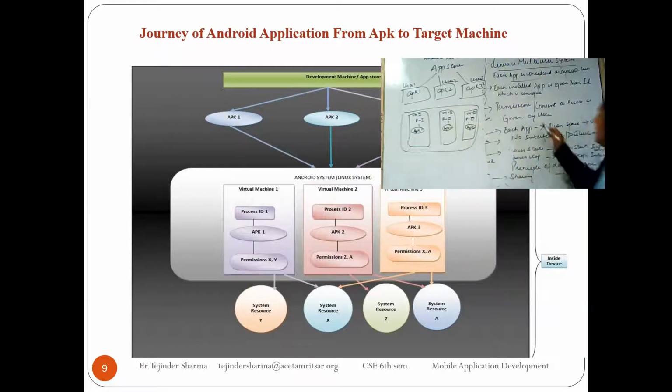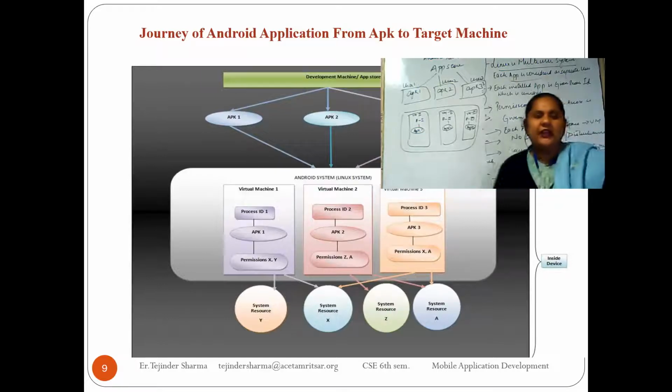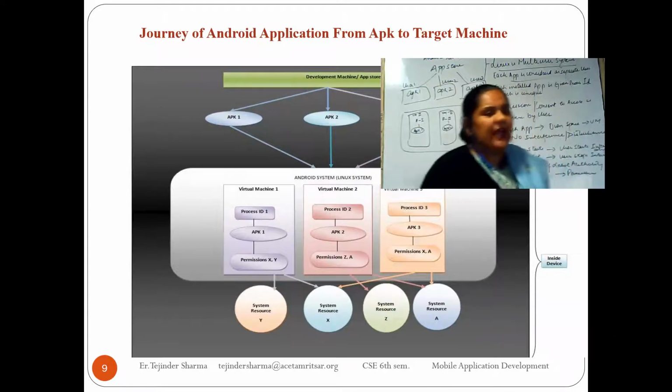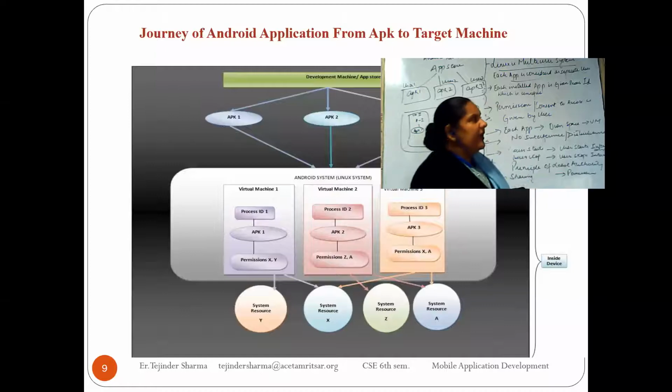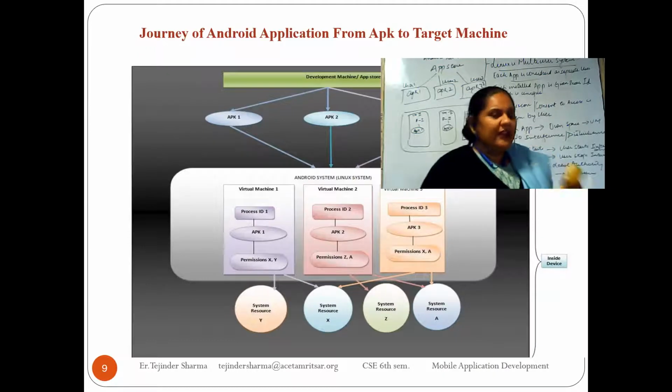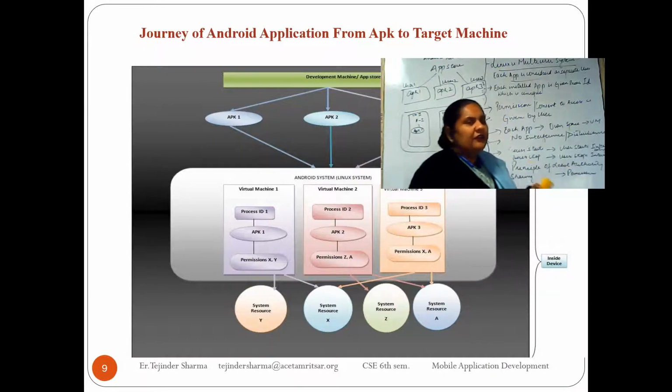Now let's read it out. Permissions are set for every app. For example, if I install the CRED app on my phone, even today, after installation, it will ask to access your phone contacts.